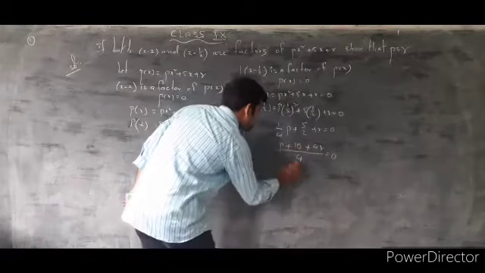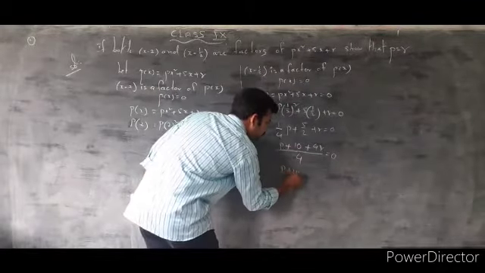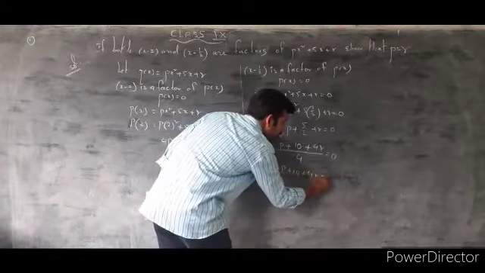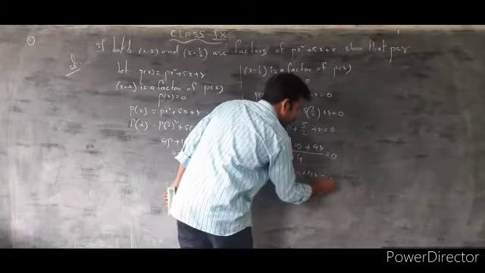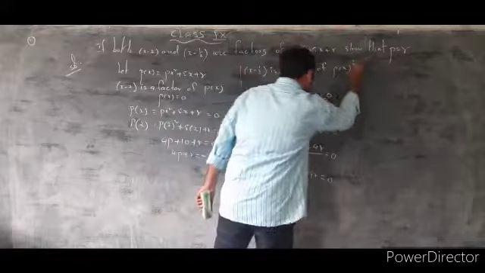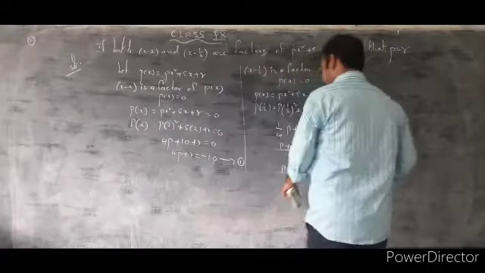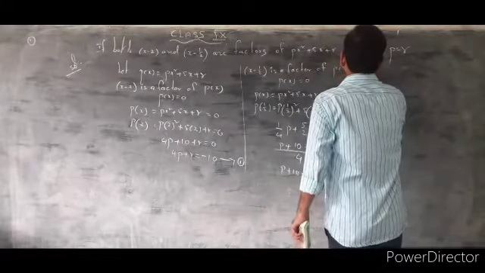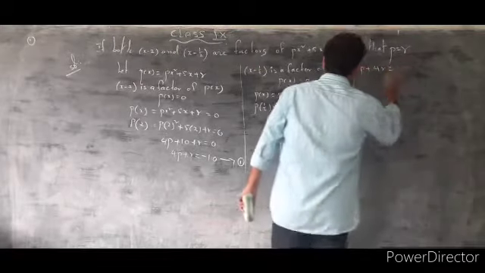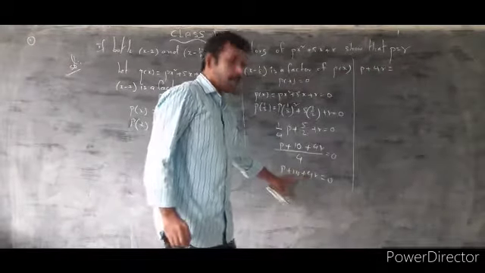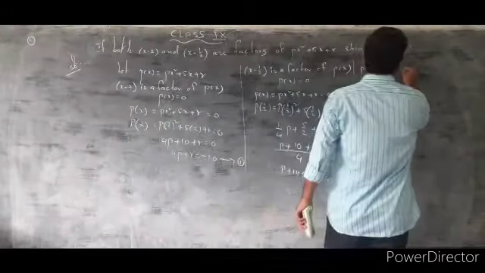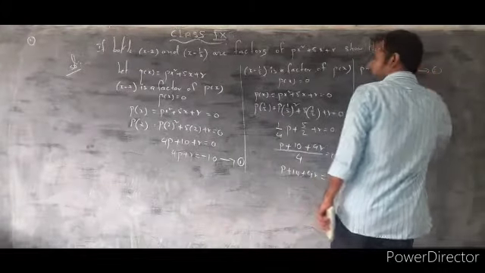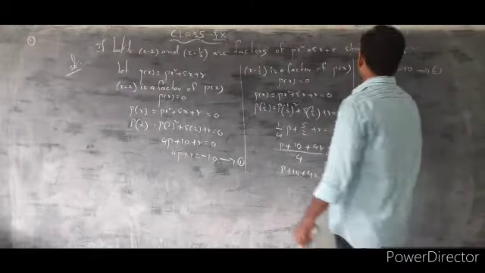So p plus 10 plus 4r equal to 4 into 0, which is 0. Now p plus 4r equal to minus 10. This is equation 2.